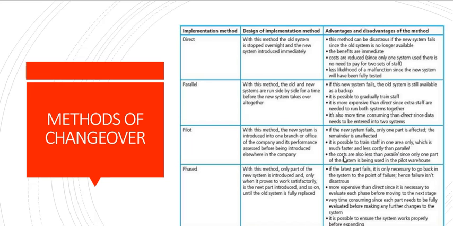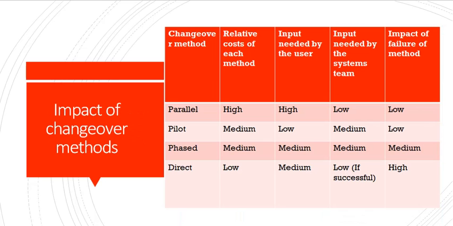Of course, it also has its advantages and disadvantages. Now, when we're changing over, there are very many impacts that we tend to find. For example, using parallel, the relative cost of the method is high.